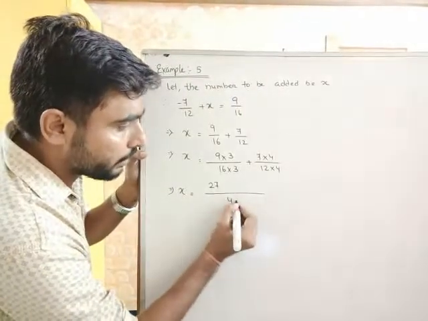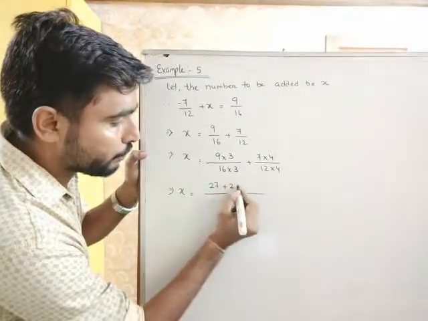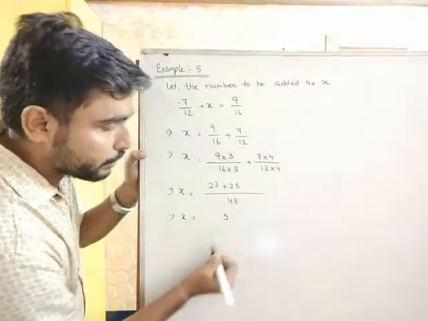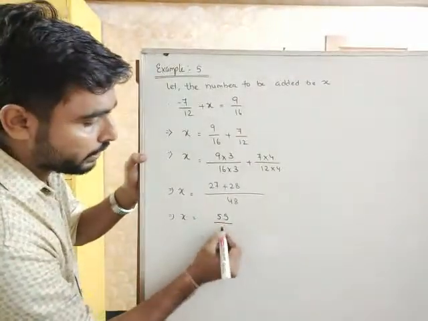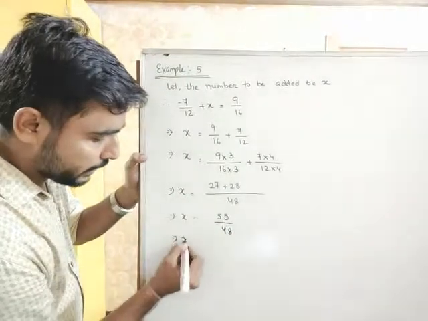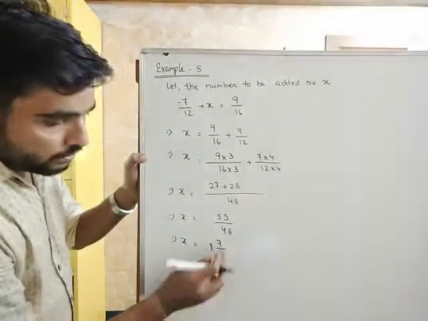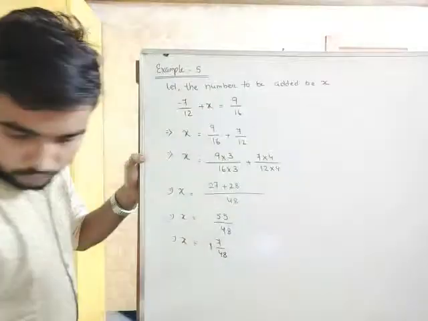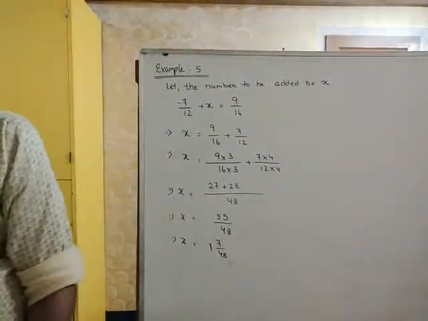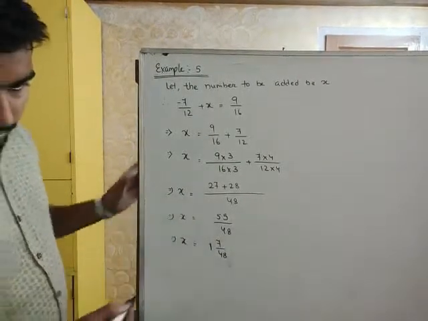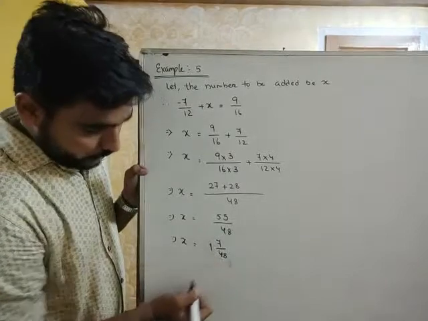Here LCM will be 48, 7 4 times 28, which implies x is equal to 27 plus 28 is 55 by 48, which implies x is equal to 1, 7 by 48. Got it, all of you? You can leave it like this or you can make it into a mixed fraction.